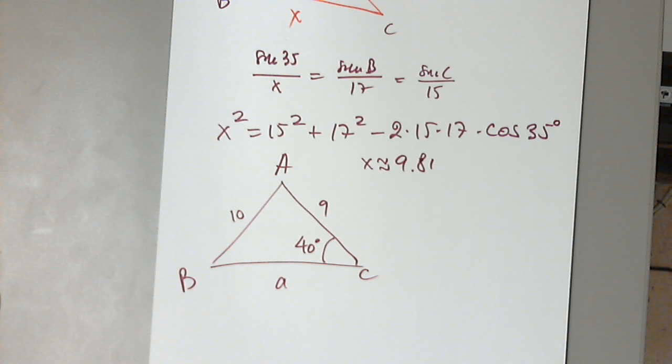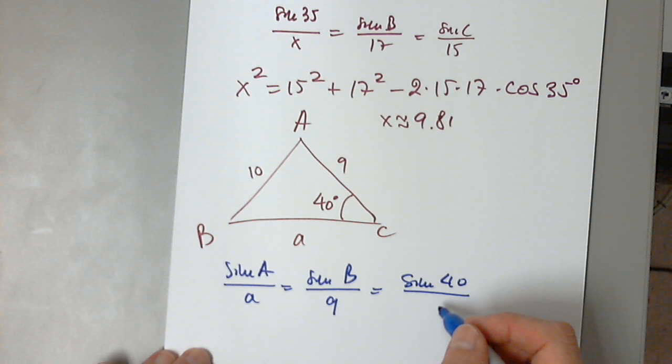Good. So let's start. You're going to write that sine A over a equals sine B over 9 equals sine 40 over 10.